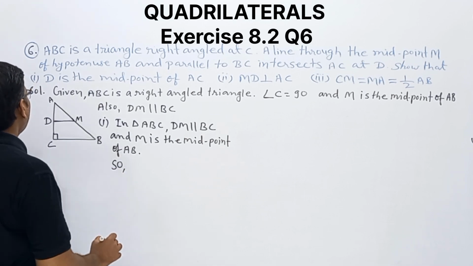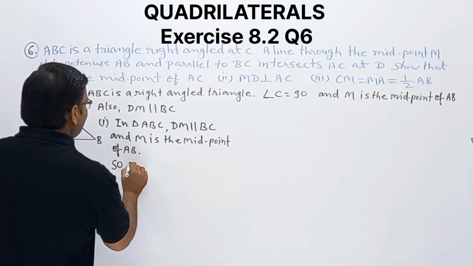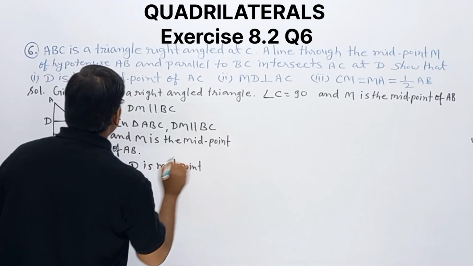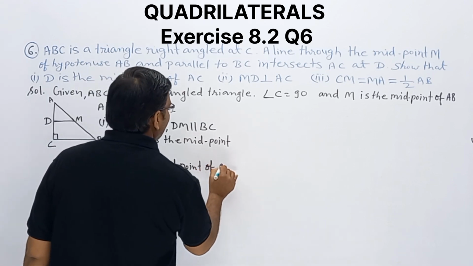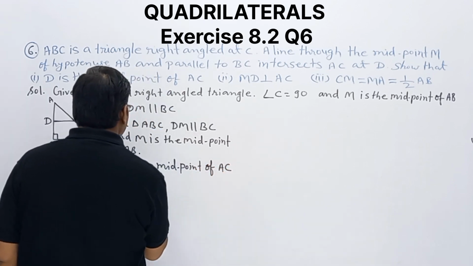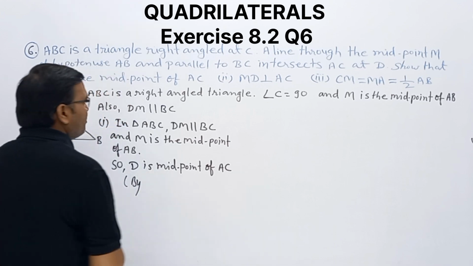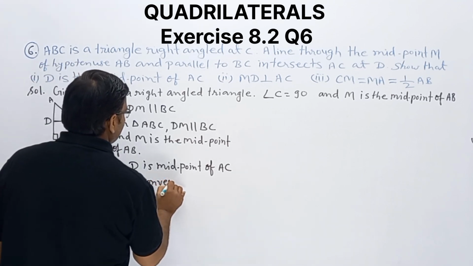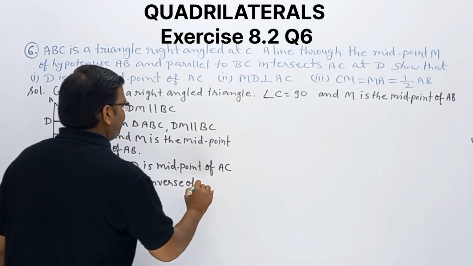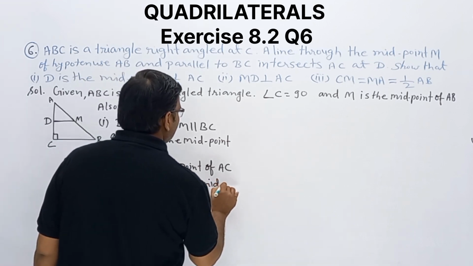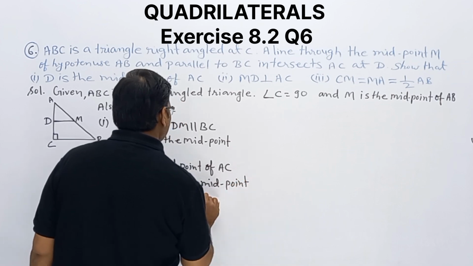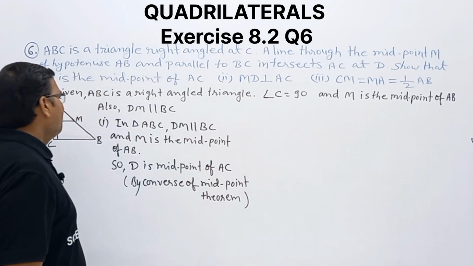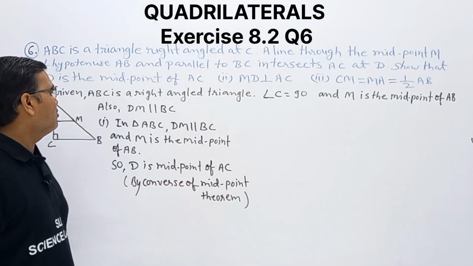So what is D? So D is the midpoint of AC by converse of midpoint theorem. By converse of midpoint theorem, what can we say? D is the midpoint of AC.